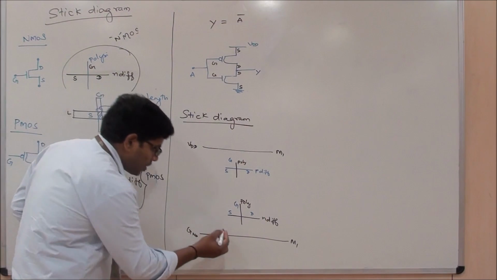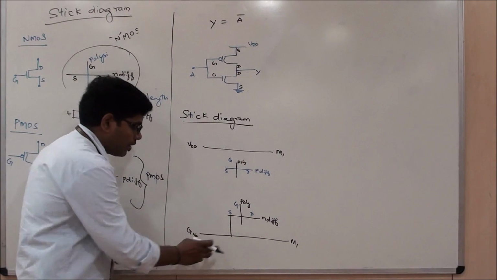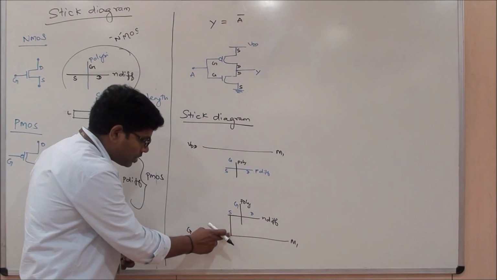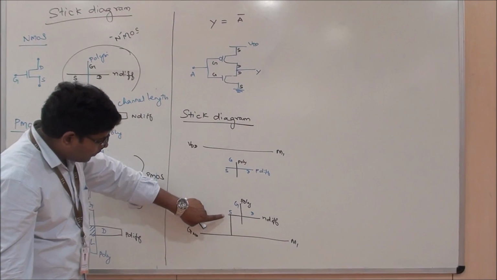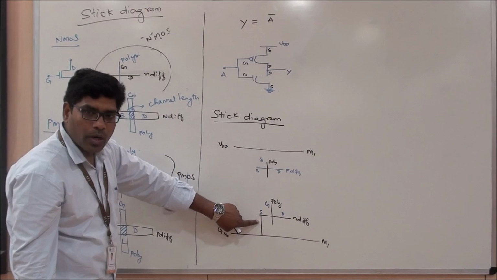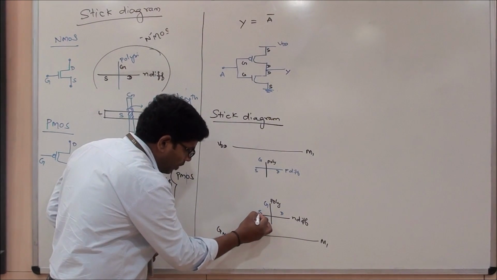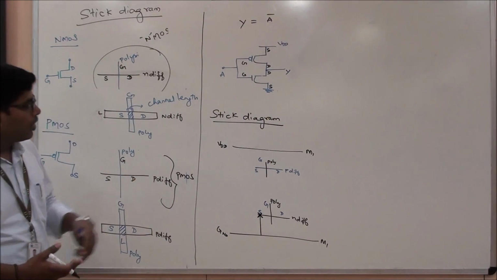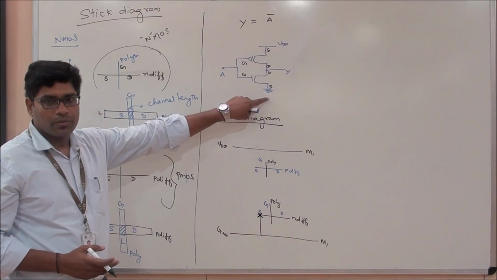This is my metal, this is my N diffusion. I am using the same metal layer here, so this doesn't require a contact. But at this point, this is my N diffusion and this is metal 1. To make a contact, I put a cross mark to indicate that these two are tied up, which means this source is connected to the ground.